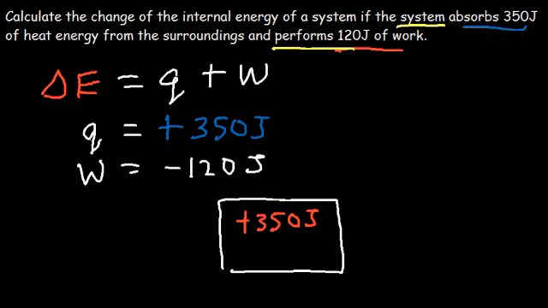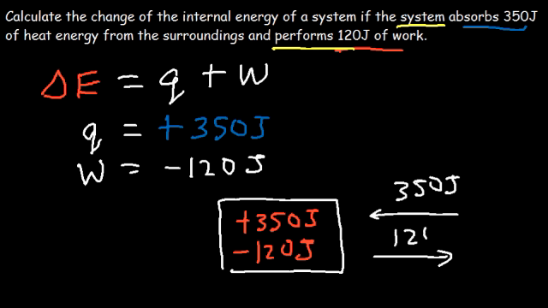For the system to do work, it has to pay to get something done, and the currency is energy, joules. So for the system to do work, it has to basically write a check for 120 joules. So 350 joules went into the system, and 120 was paid out of the system to get some work done.